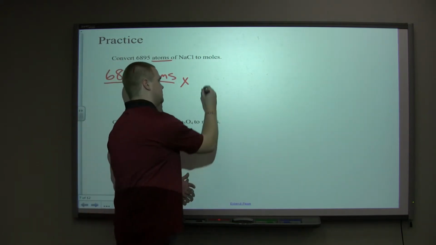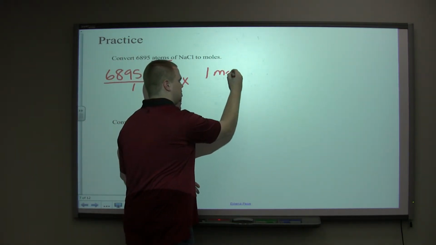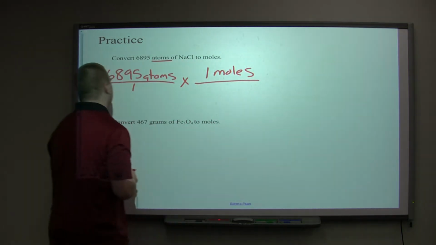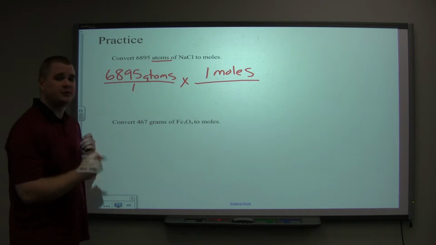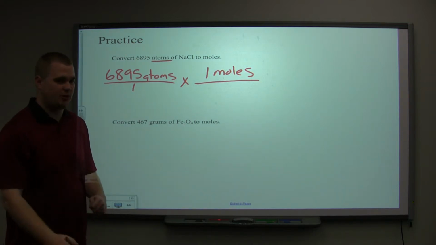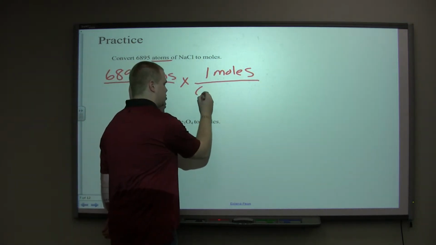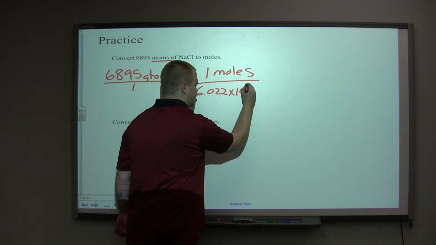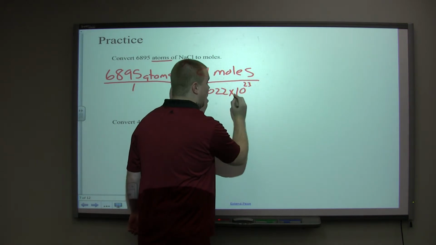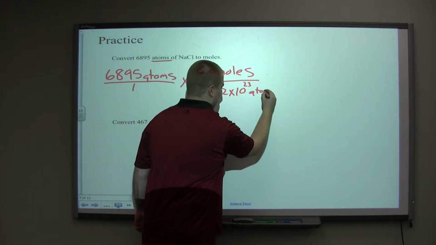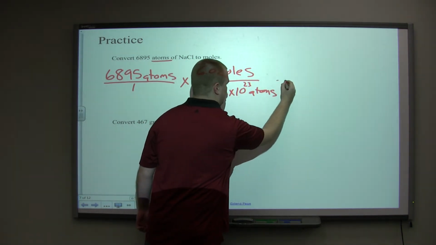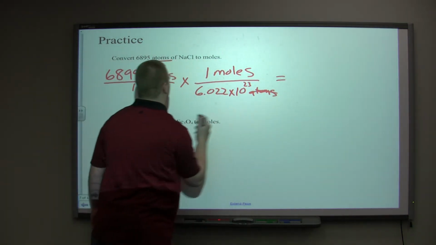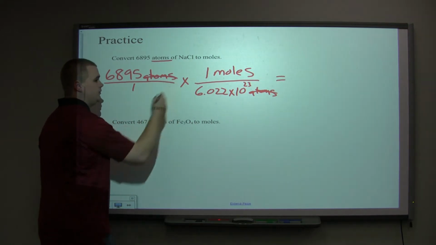We're trying to get moles. And our conversion rate was Avogadro's number. So, we put 6.022 times 10 to the 23rd atoms. Okay? So, atoms are going to cancel out, and you're left with moles.